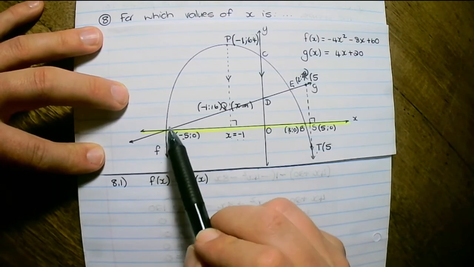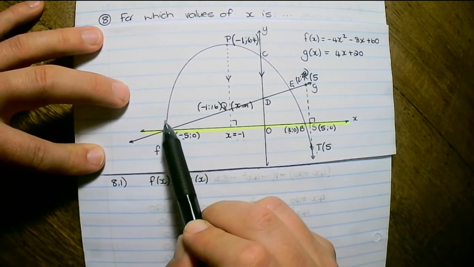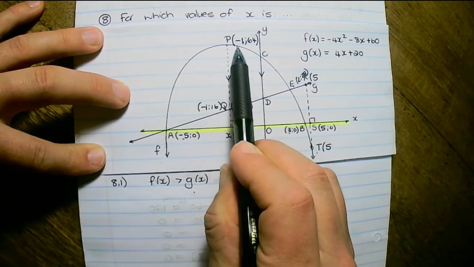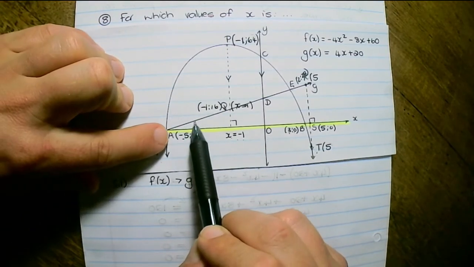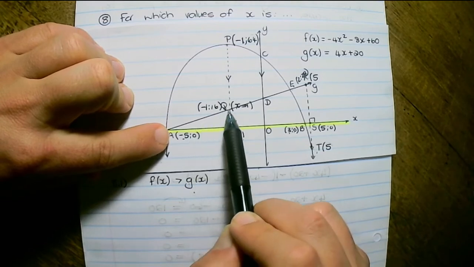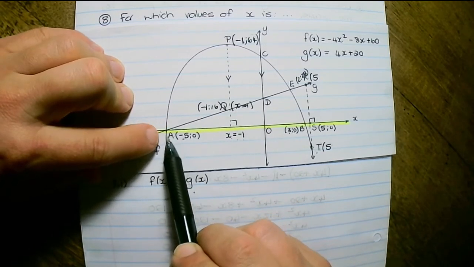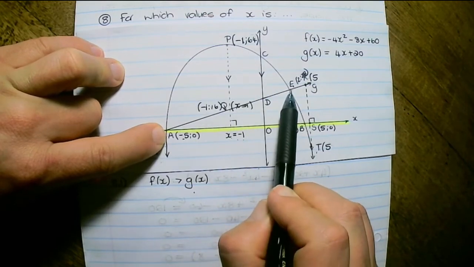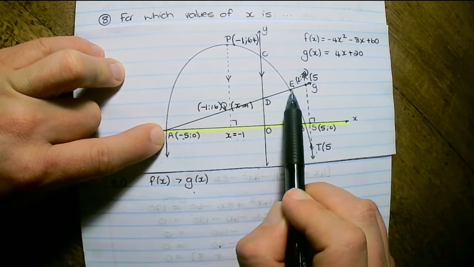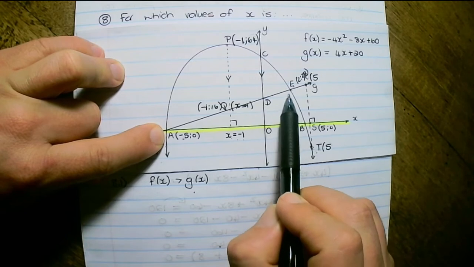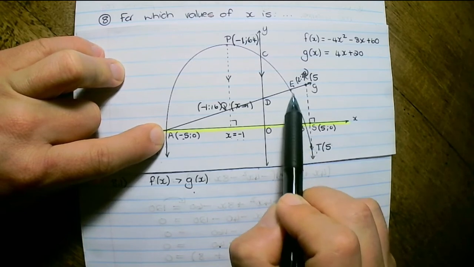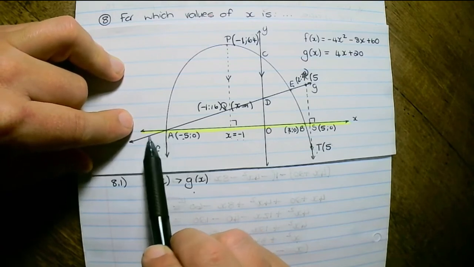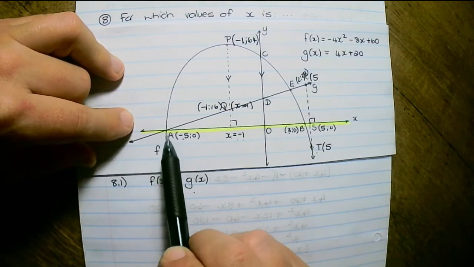And I can see that the y values of the parabola, which is f, are higher than the y values of the straight line in this area, from point A up until point E. So everything on the right of point E, the parabola is lower than the straight line, and to the left of point A, the parabola is lower.